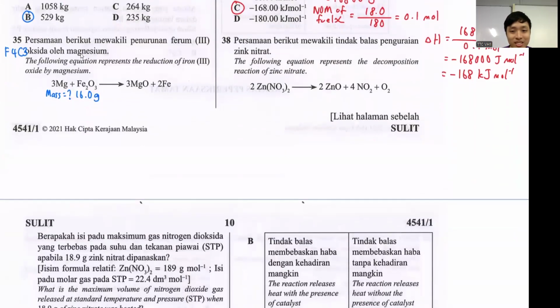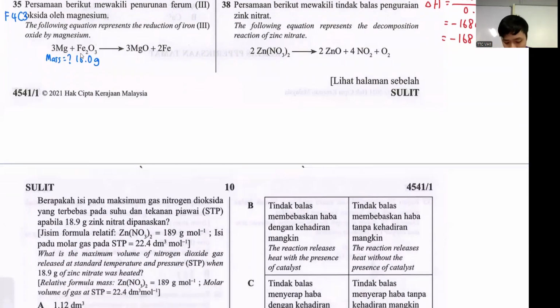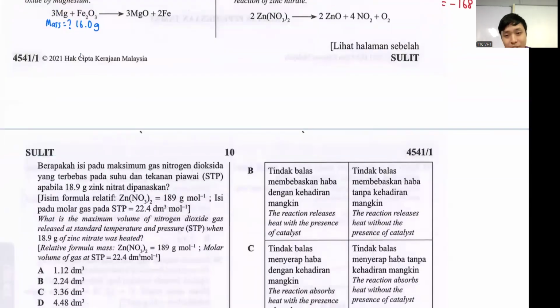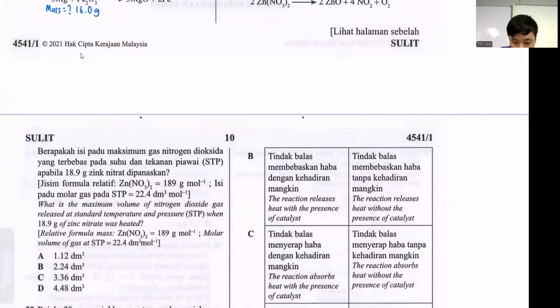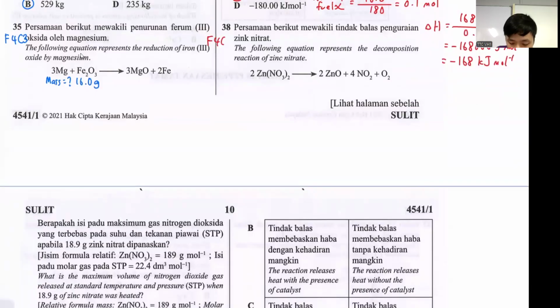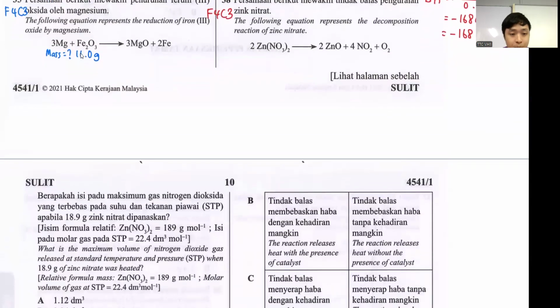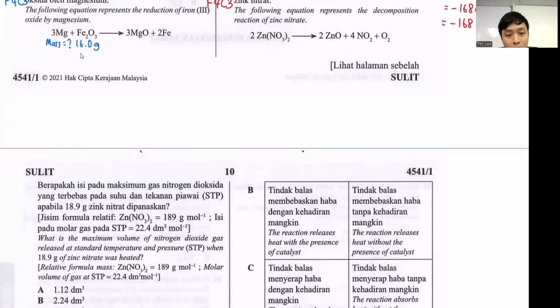Okay. So in this case, the following equation represents the decomposition reaction of zinc nitrate. So this is another number of mole calculation from Form 4 Chapter 3 also. So what is the maximum volume of nitrogen dioxide gas released at standard temperature and pressure?